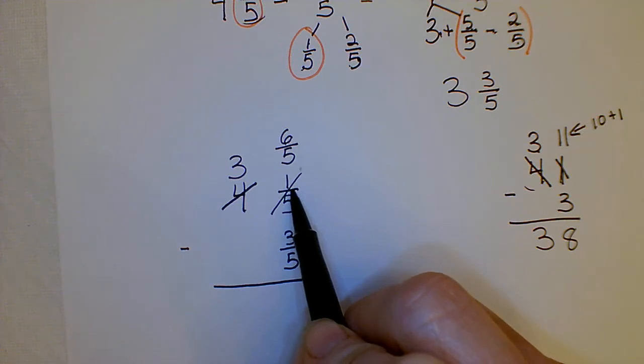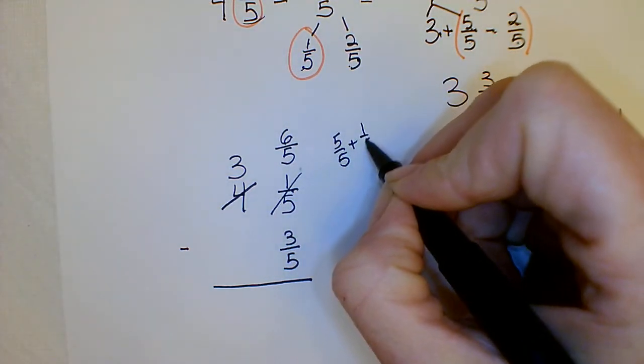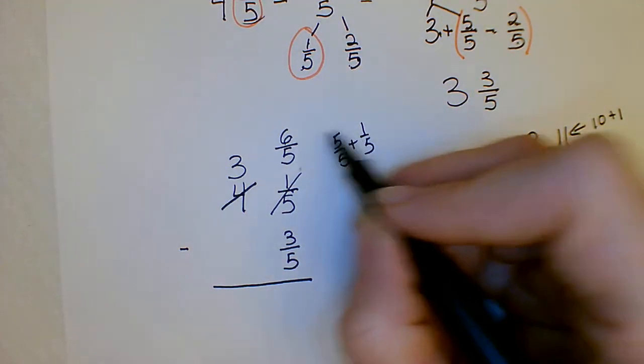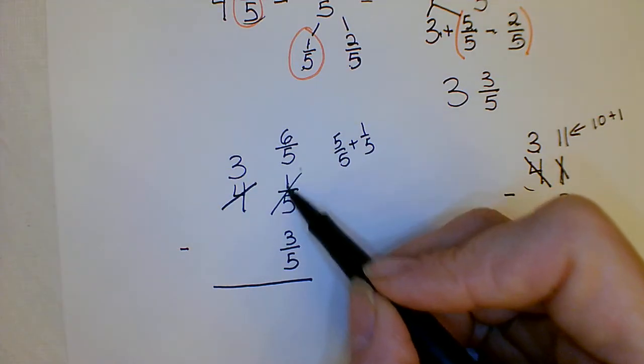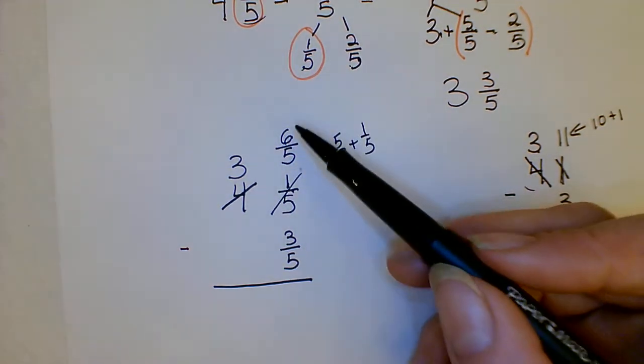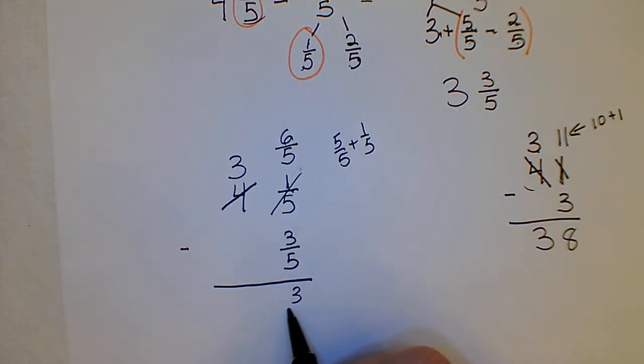You added it to the 1/5 that was there, so it's 5/5 plus 1/5, just like over here we had 10 plus 1, and that's 6/5. Or again, 1 plus 5 is 6, and hold on to your denominator. So now it's super easy. 6/5 minus 3/5 leaves you 3/5, and 3 minus nothing leaves you 3.